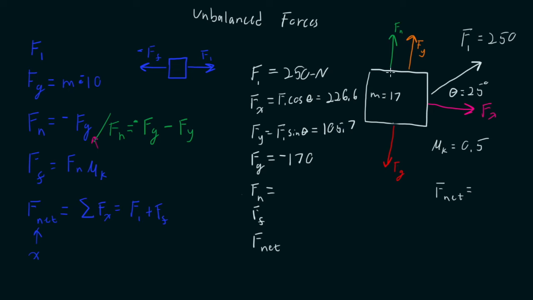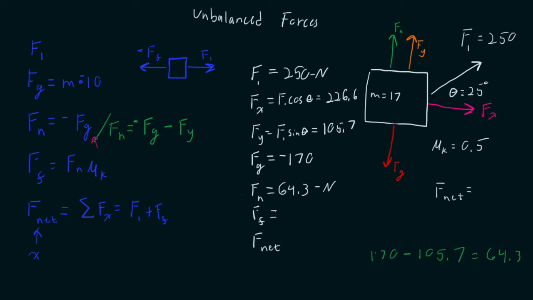In this problem, I've got my Fg is negative 170, so I'm going to say negative of negative 170 is 170, minus Fy, which is 105.7. That gives me an Fn of 64.3. So Fn is going to be 64.3, and now I want to find my force of friction.